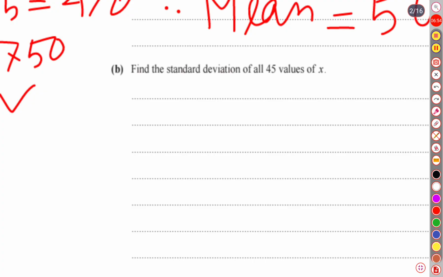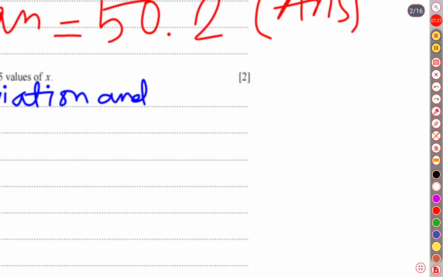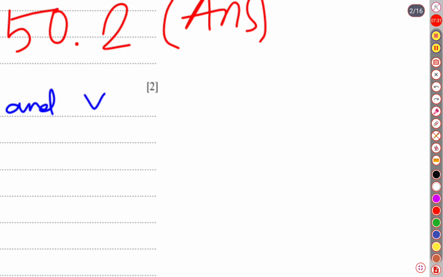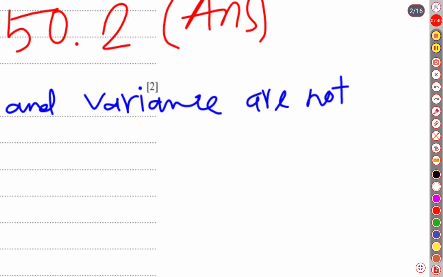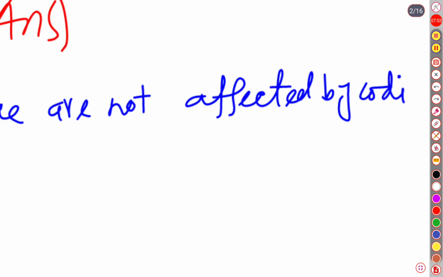So first of all, we should remember that standard deviation and variance are not affected by coding.